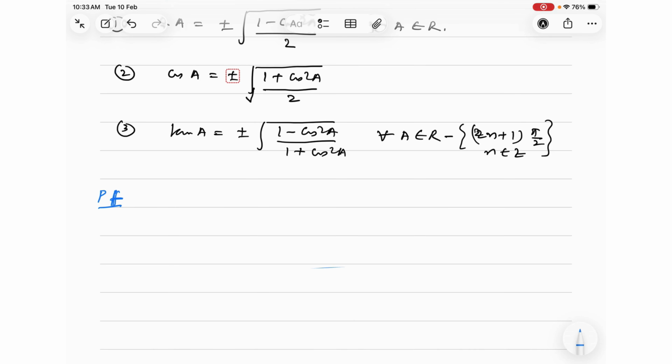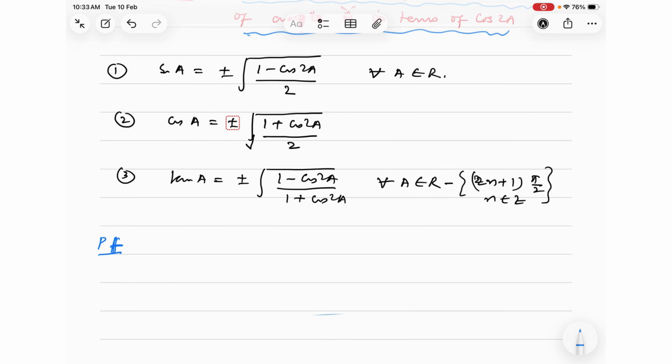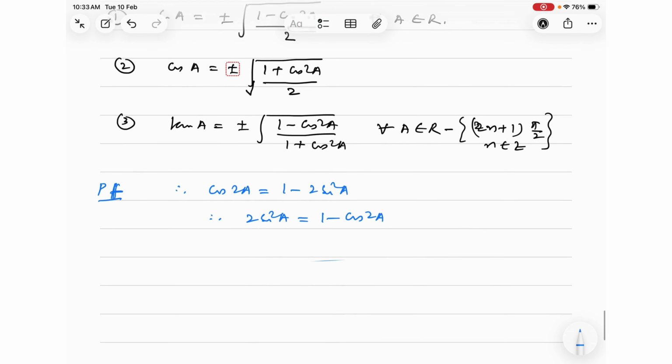Now a very simple explanation: we already know cos 2A is equal to 1 minus 2 sin square A. So from here, 2 sin square A is equal to 1 minus cos 2A.